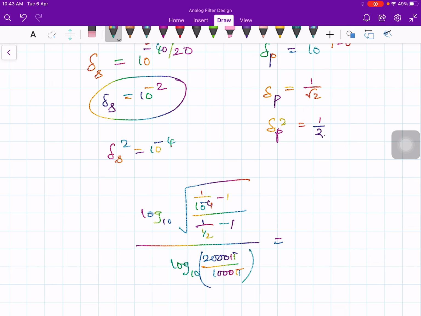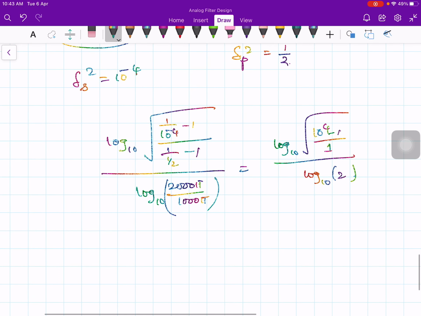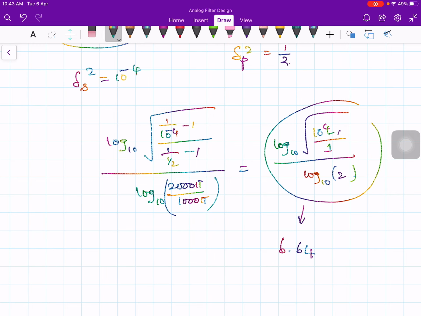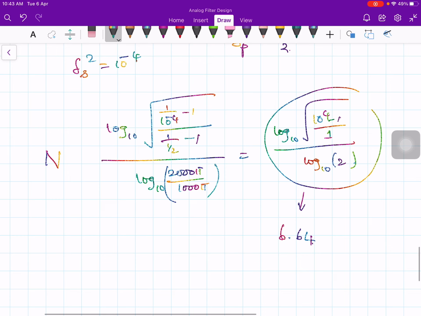Now you simplify this: log to the base 10 of 10 to the power 4 minus 1, and 2 minus 1, it is 1, divided by log to the base 10 of 2. Now this right hand side calculates out to 6.64. Okay, so NB is greater than or equal to 6.64.